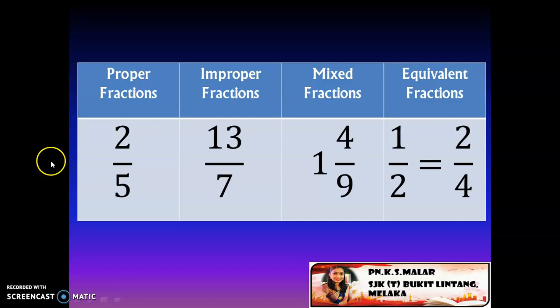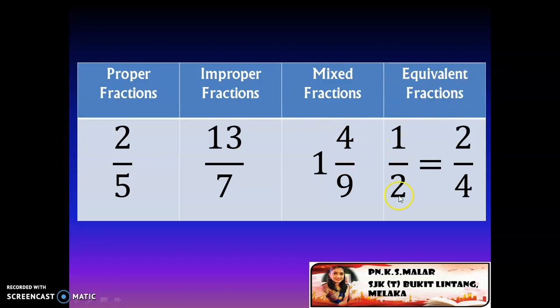Proper fraction means the denominator is greater than the numerator. And an improper fraction is when the denominator is lesser than the numerator. A mixed number is called that because there is a mix of a whole number and a proper fraction.